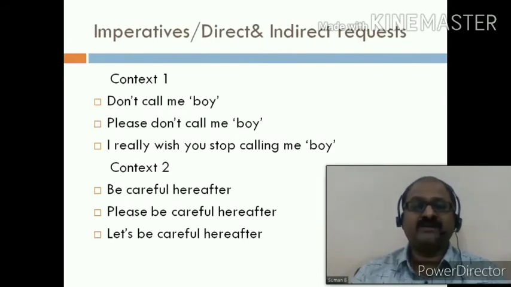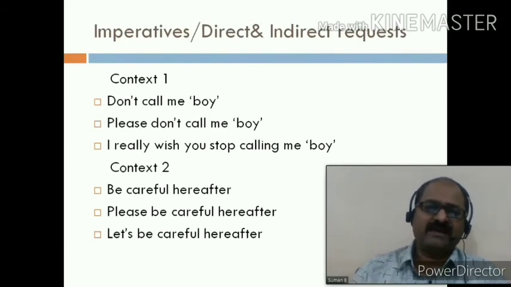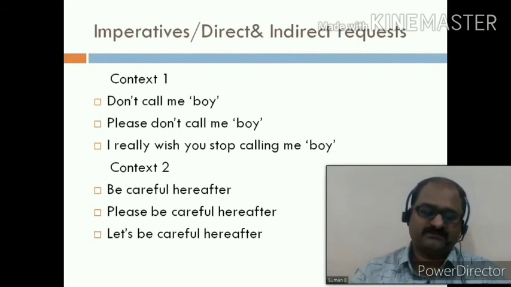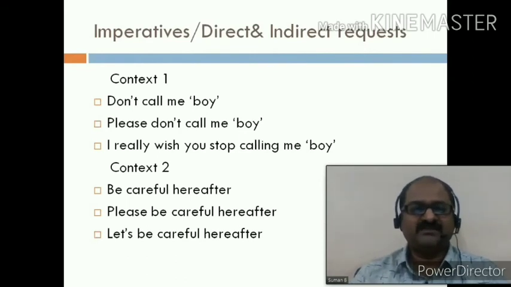For example, context one: a man in his 25s or 30s has an old neighbor who keeps calling him boy, boy, boy because he is older. But this man doesn't want to be called boy anymore, so every time the old man calls him that, he gets irritated.